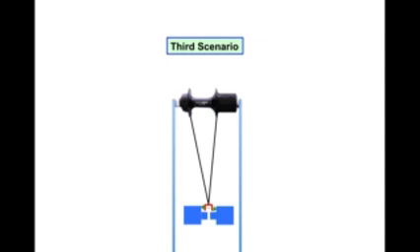The third scenario is the opposite of the second one. The wheel is not true laterally or radially, and the rim is moving downward as it moves toward the right caliper and upward as it moves toward the left caliper. The fourth scenario occurs when the wheel is laterally true, that is, it's not moving from side to side.